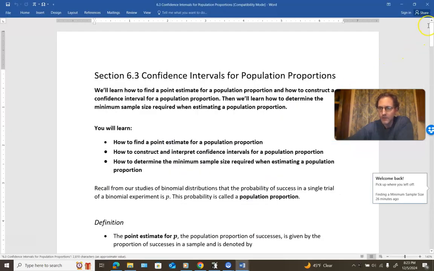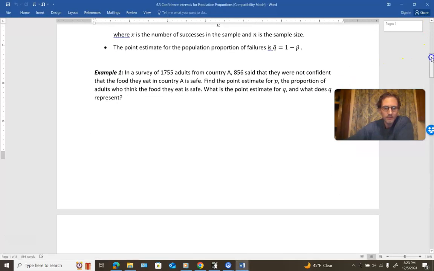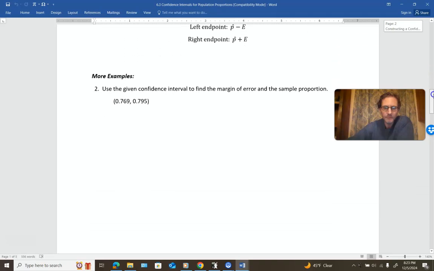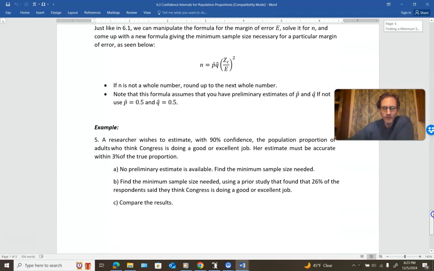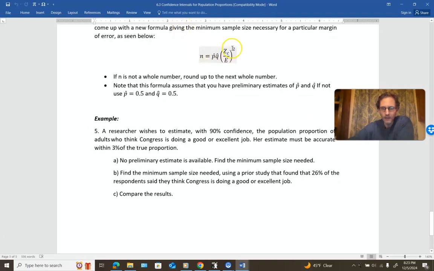If you look back in your notes, it's right here. And furthermore, if an initial estimate is not given, then you use 0.5 for your p hat.